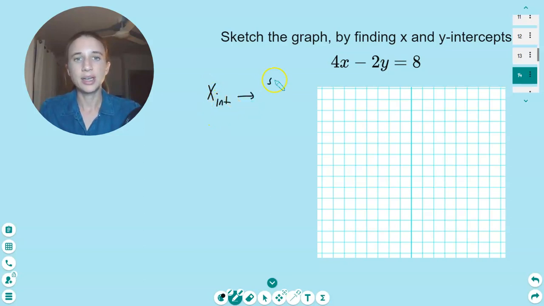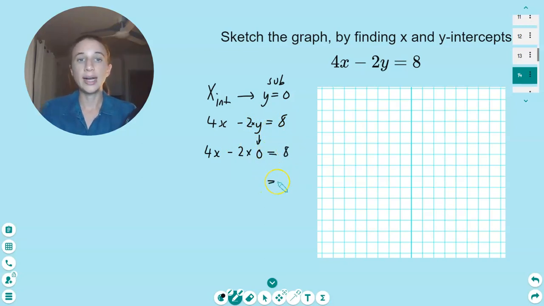X-intercept, sub y equals 0. So I've got my equation, and I'm just replacing y with 0. So 4x take 2 times 0, it's an invisible multiply sign, equals 8. Simplify. 4x take 0 equals 8.